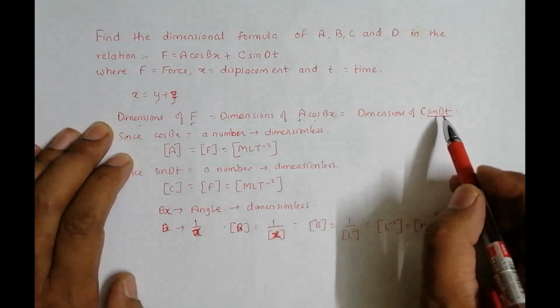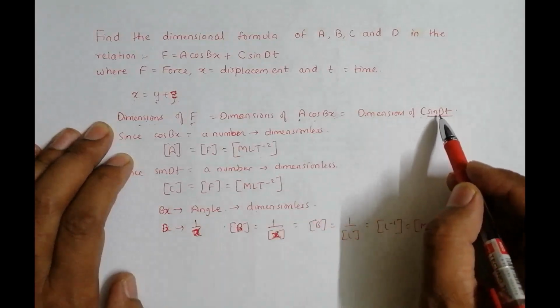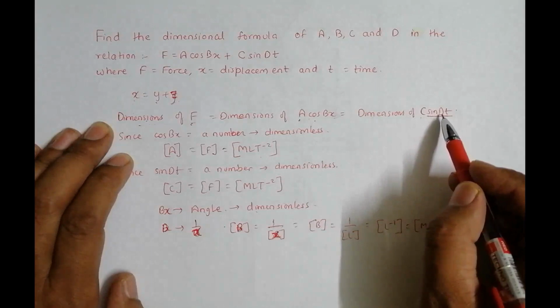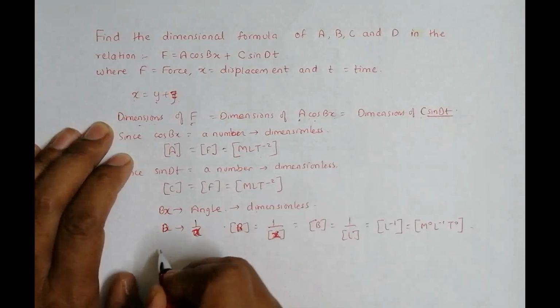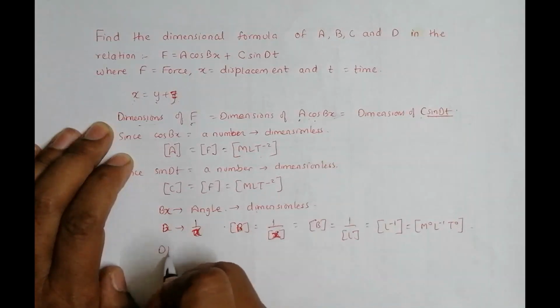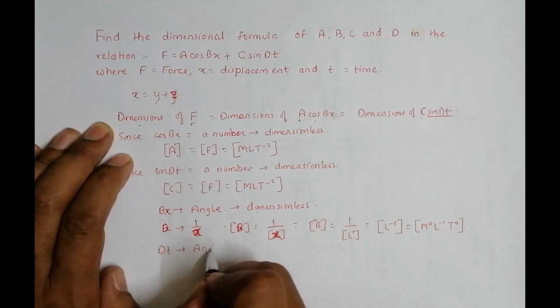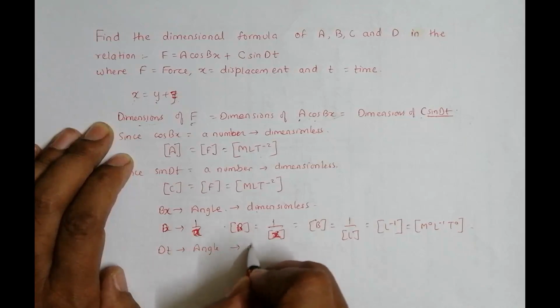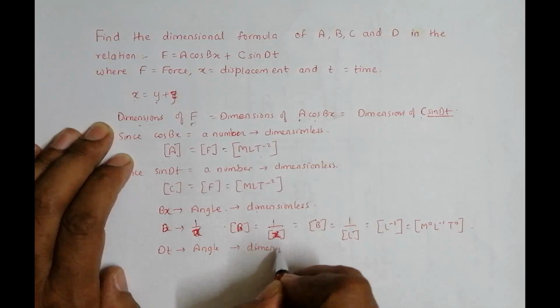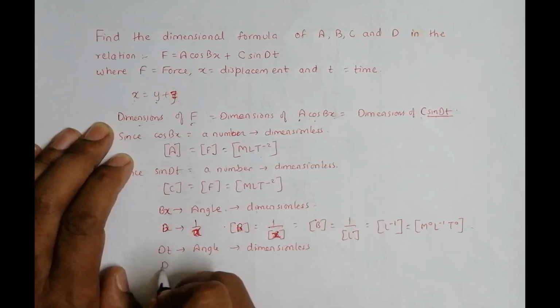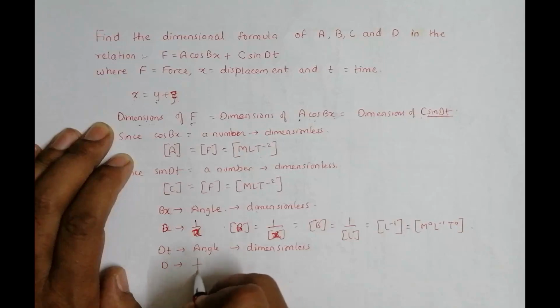Now in the second quantity, anything inside sine should also be an angle. So d into t is an angle, which will be dimensionless once again. So we have d equal to 1 by t.